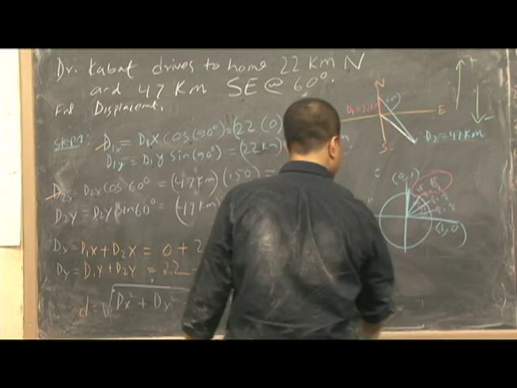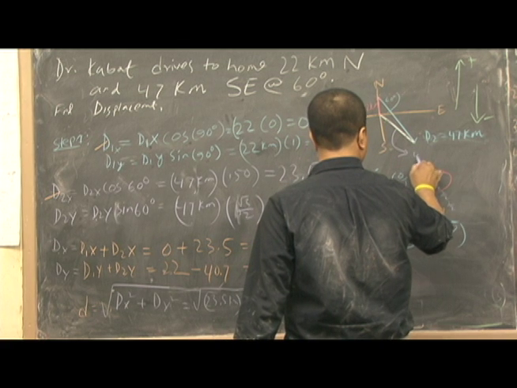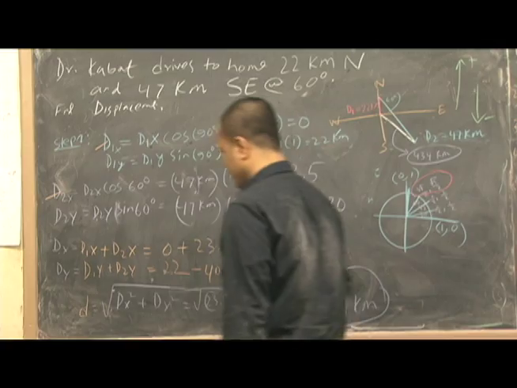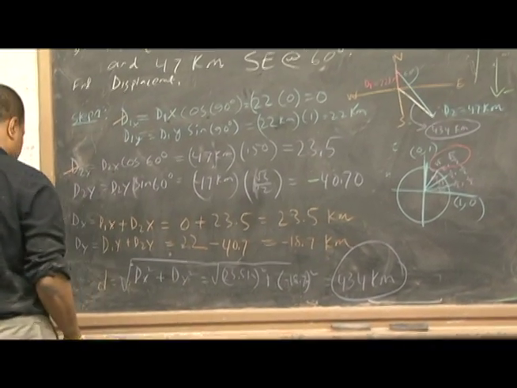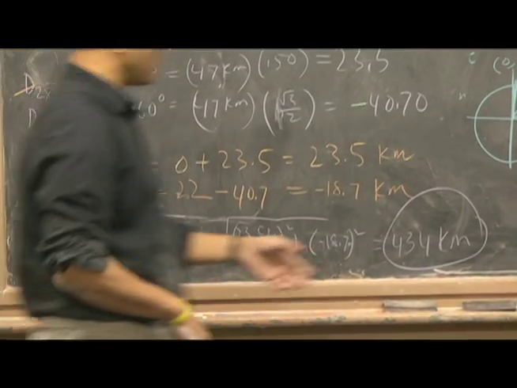So his displacement was 434 kilometer. That's how far his home was, I guess.